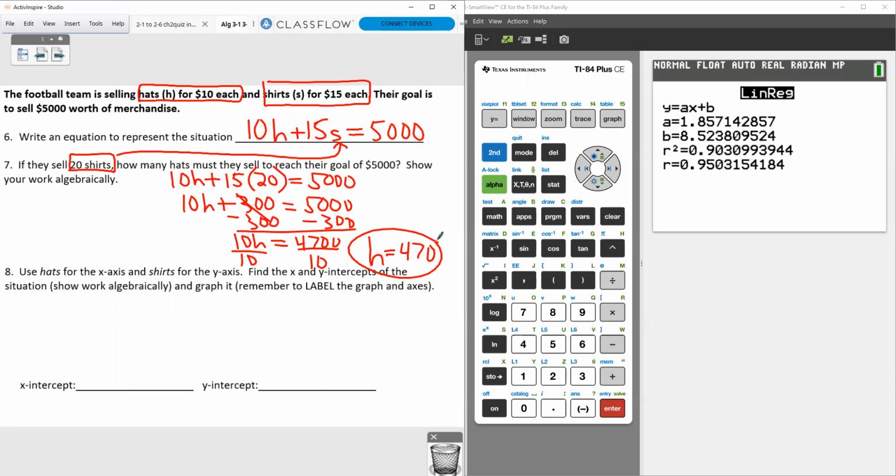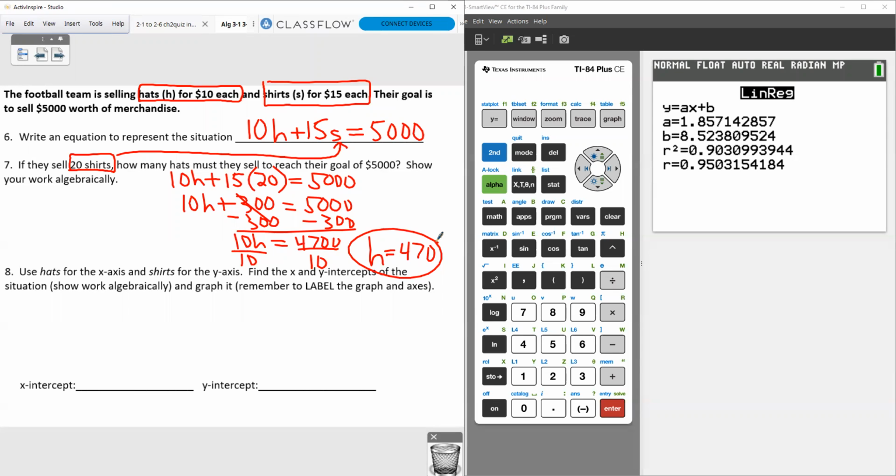But sometimes even a number like 470.1, in order to reach their goal, you might have to round up to 471. But other times, depending on the wording of the question, you might round down to just be 470. So you have to be very careful about the wording of the question.